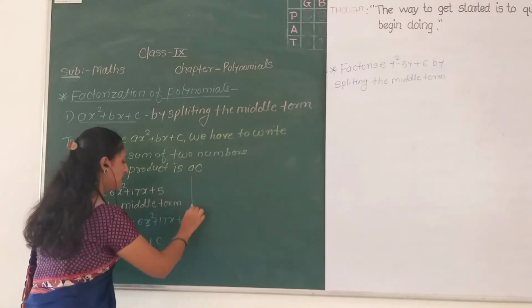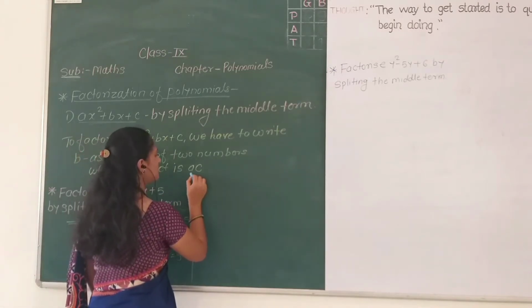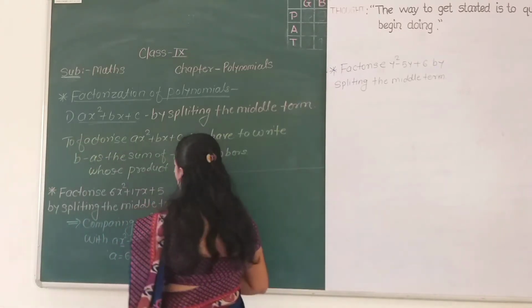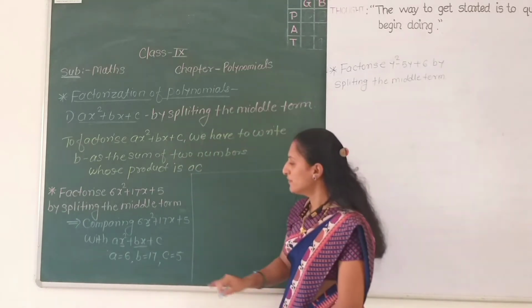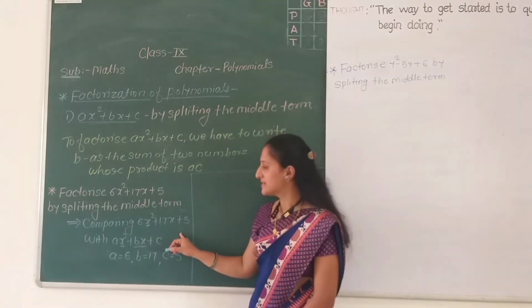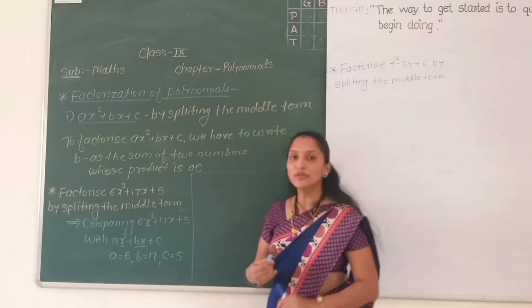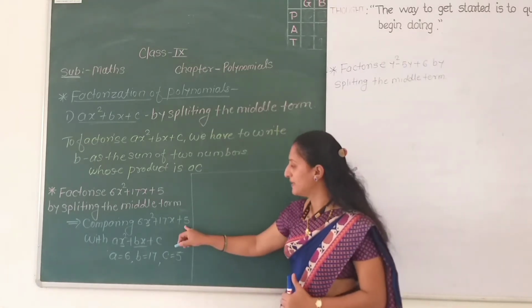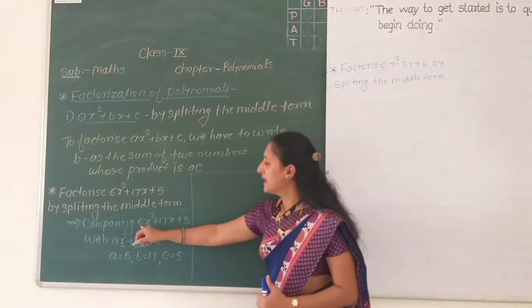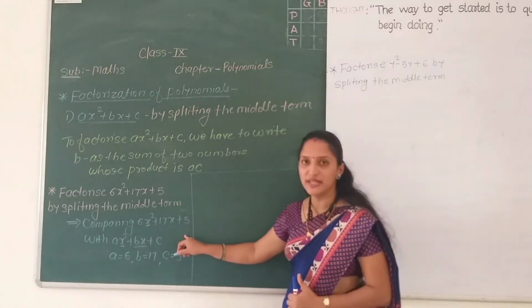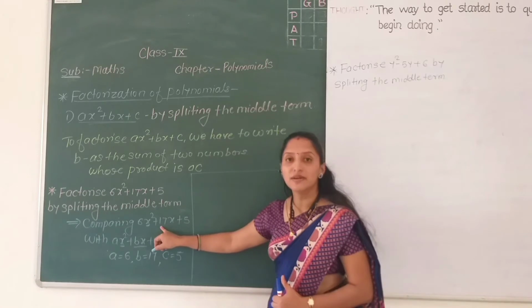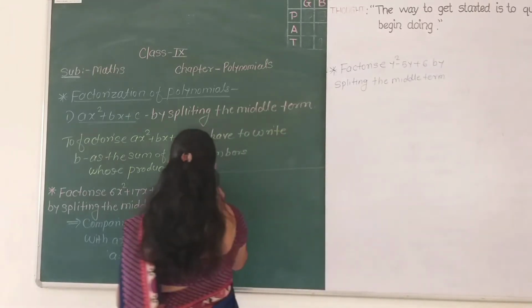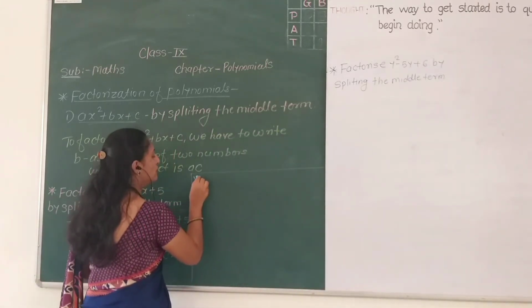Look here, it is very important. For factorization, we have to find two numbers such that their product is a into c and their sum is b.